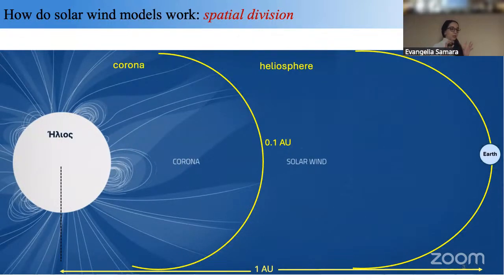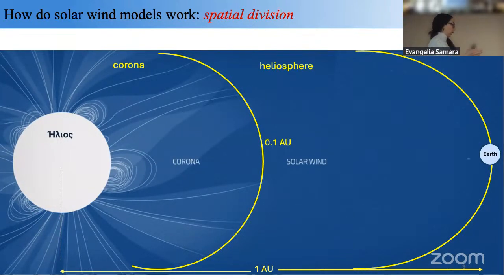So in this very simple schematic that I try to adapt a little bit, and of course it's not in scale, I'm showing the two major domains that we split the inner heliosphere in order to use different models at each part to reconstruct the conditions there and eventually get what we want, namely the properties of the solar wind wherever we want in the inner heliosphere.